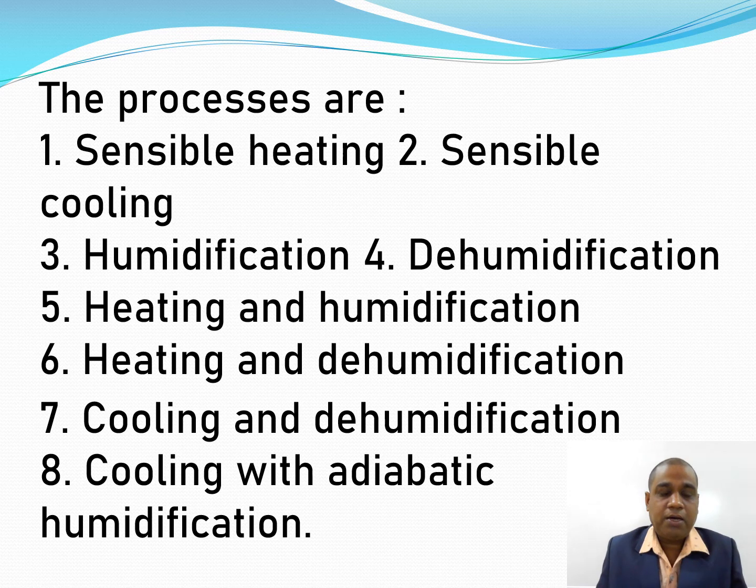And these are the 8 different processes of psychrometry: sensible heating, sensible cooling, humidification, dehumidification, heating and humidification, heating and dehumidification, cooling and dehumidification, cooling with adiabatic humidification.